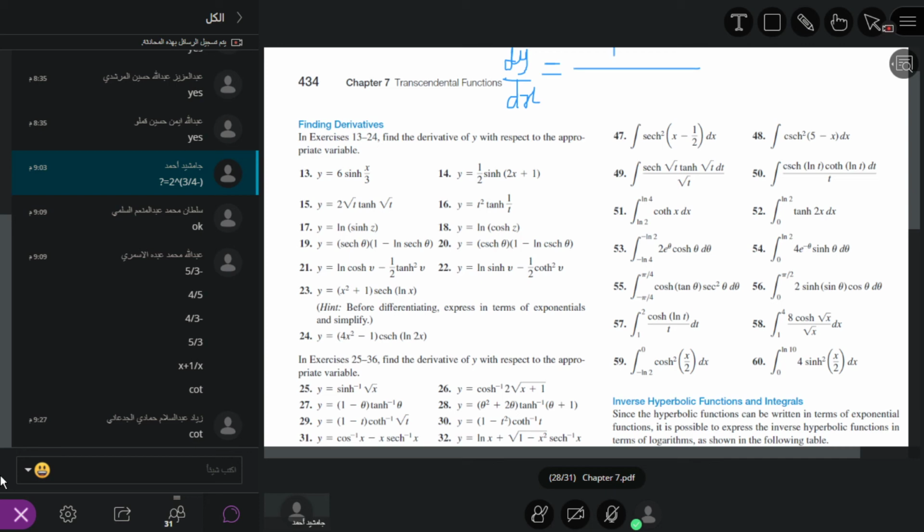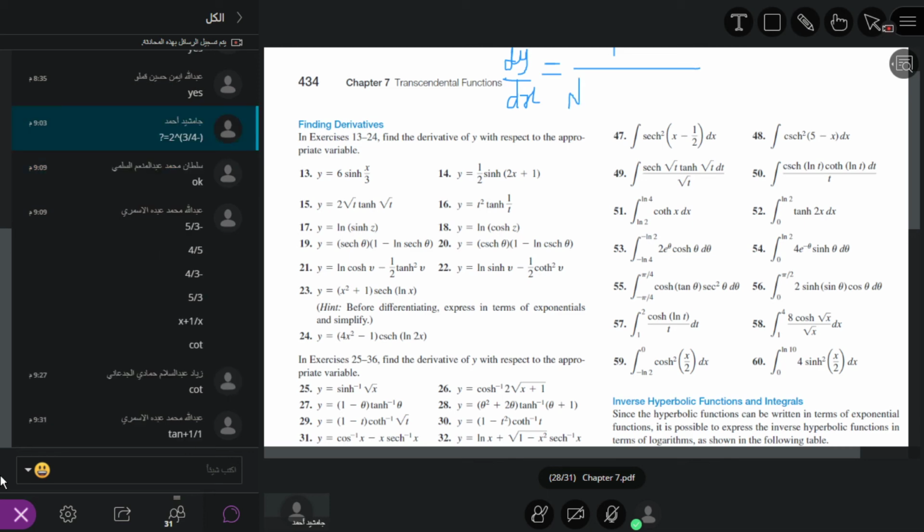Thus we get 1 divided by square root of 1 plus tan square x, dot the derivative of the angle.